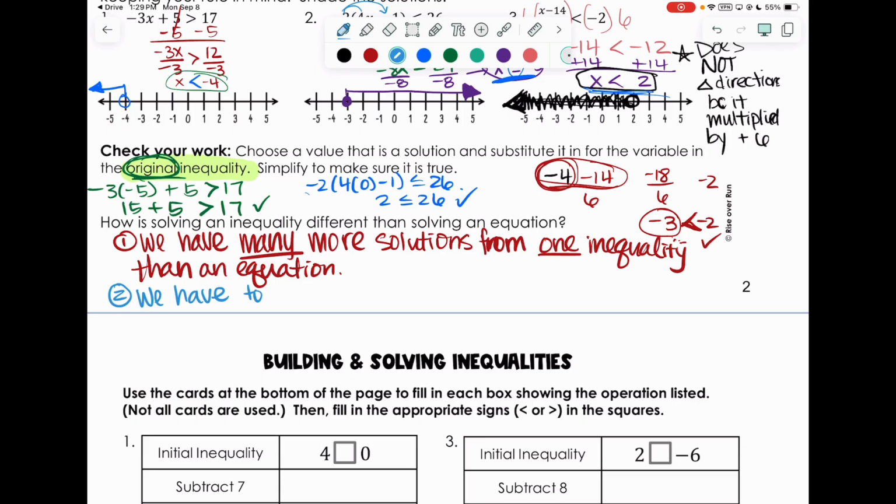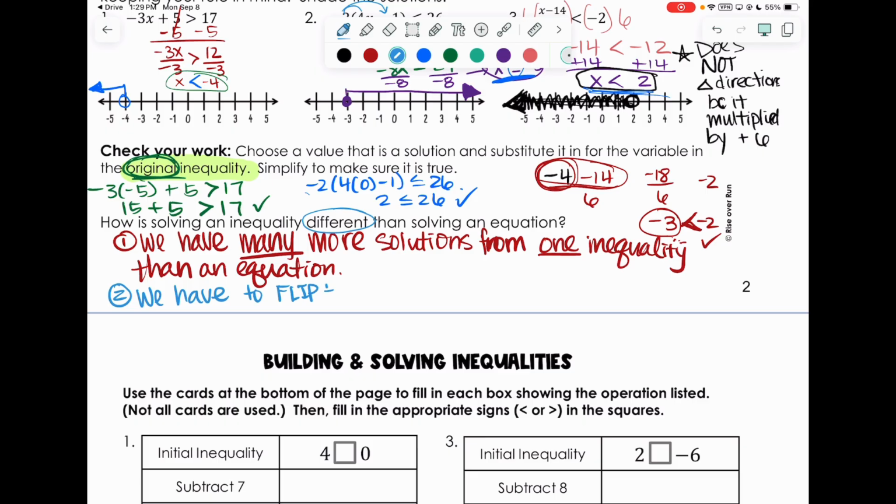We have to do what? The inverse operation is the same. What's different though? We're looking for something that's different. You have to flip the inequality sign if you want to divide by a negative.